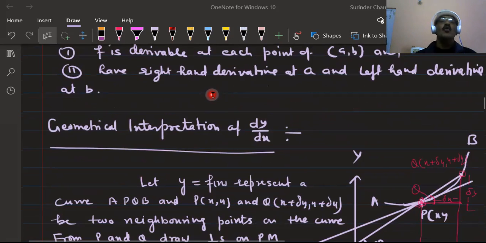Now let's understand the geometrical interpretation of the derivative at a point, or differentiability of a function at a point.